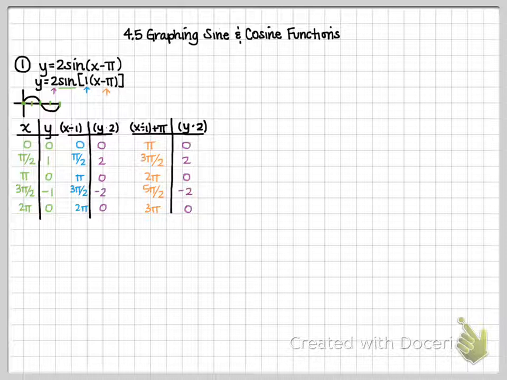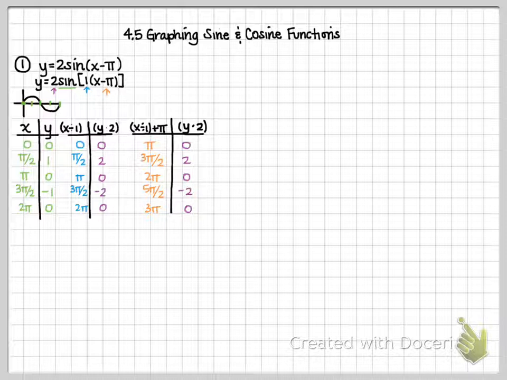So here's what I mean. If I take a look back at this table where my orange values are, I'm going to go ahead and write in black off to the side. Notice that looking at all of these denominators, I have a denominator of 2 in the x column, and a denominator of 1 because there's nothing there. So the least common denominator would be 2. I'm going to rewrite everything so that it has a denominator of 2 in the x column. All right, so let's take a look at this pi.